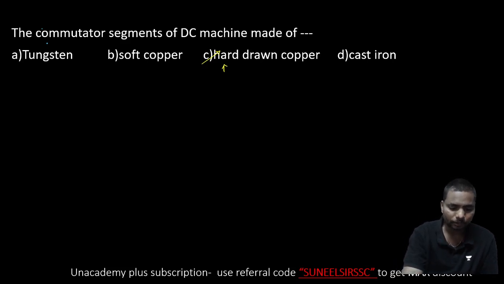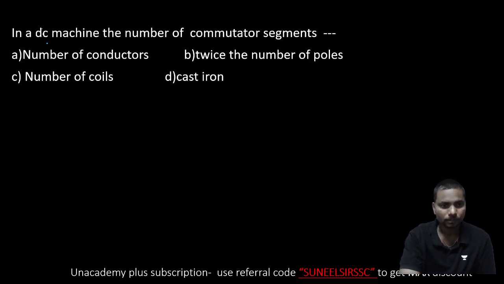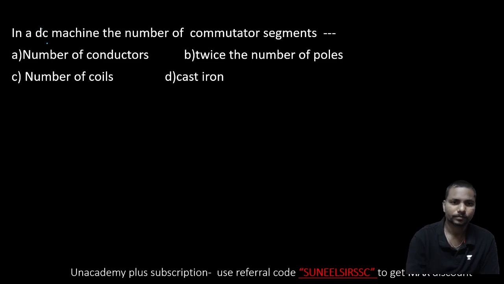Okay, coming to the next one, guys. In DC machine, the number of commutator segments dash. Here the number of commutator segments is always equal to the number of coils.